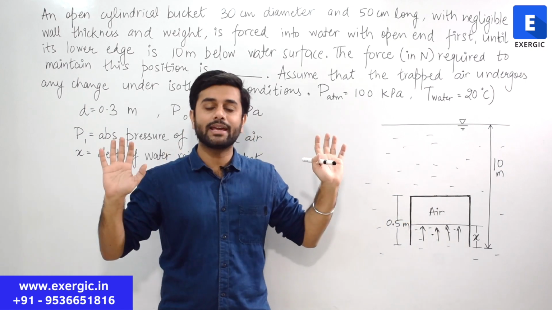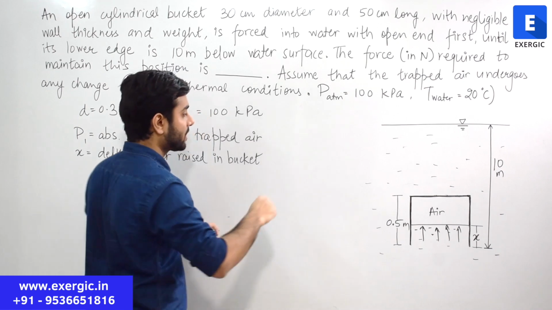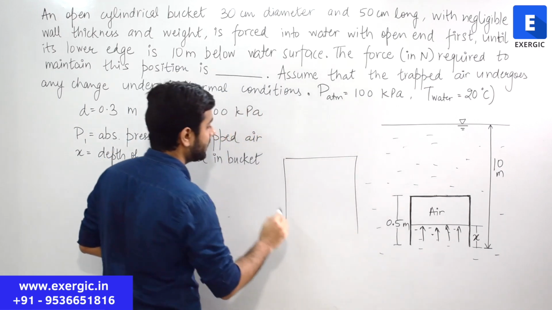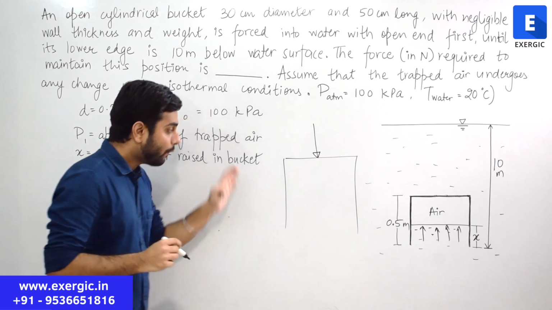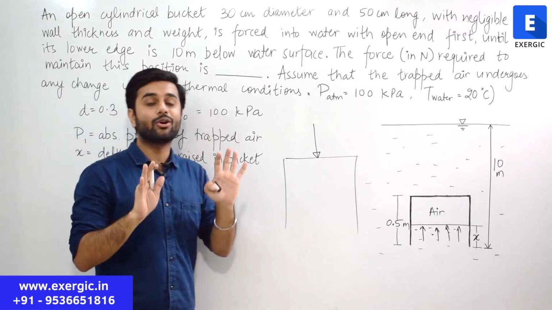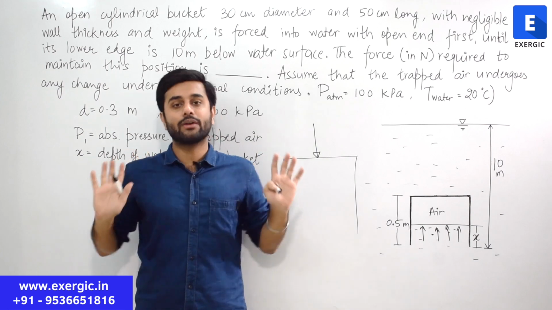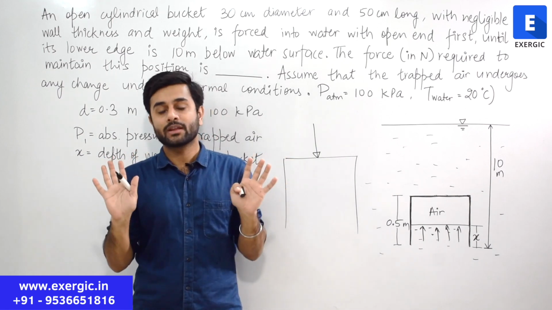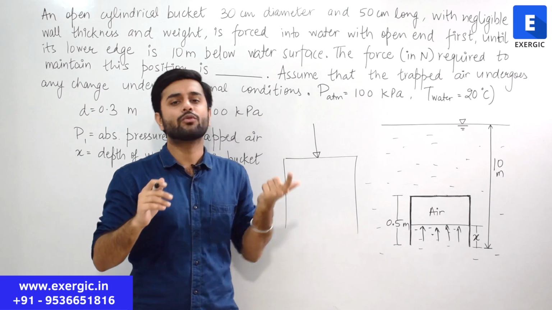Directly, you are applying force only on the bucket. This is the bucket, right? You are holding it down, applying a downward force on the bucket. What are the other forces acting on the bucket that are making it move upward? That you have to consider. That's it, right? And that effective upward force you have to balance in the downward direction.